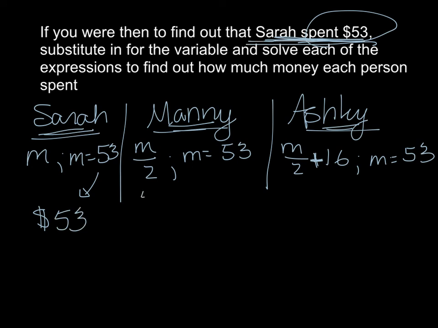We've got our next one, 53 divided by 2. Now you'll notice I did not put the dollar signs here because those just get confusing. Those are labels. We put those on at the end. So 53 divided by 2. Well, let's stop and think about this for a moment. We know that 53, if we break that down, is 50.